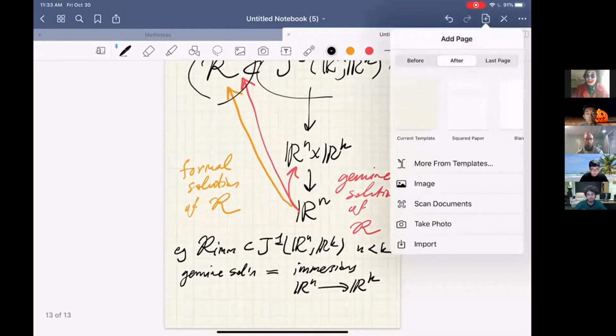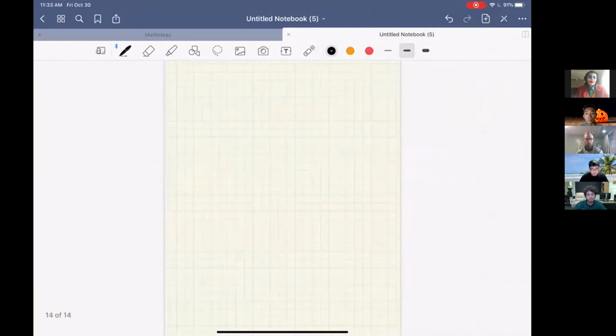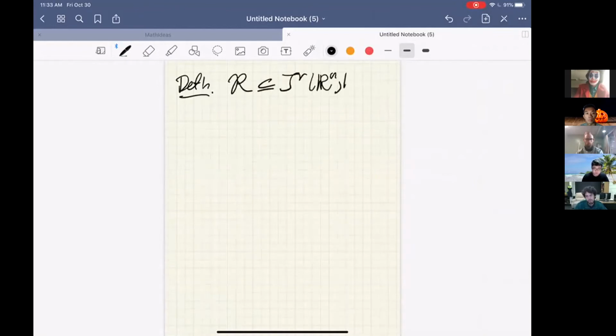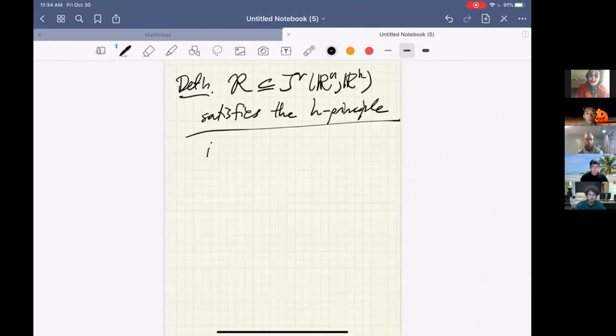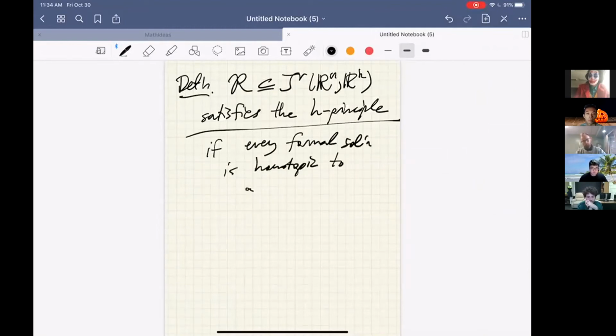Let me give a small historical note. Okay, well, before I do that, let me give the actual definition. So a relation inside of some jet space, some jet bundle, satisfies the h-principle if every formal solution is homotopic to a genuine solution.